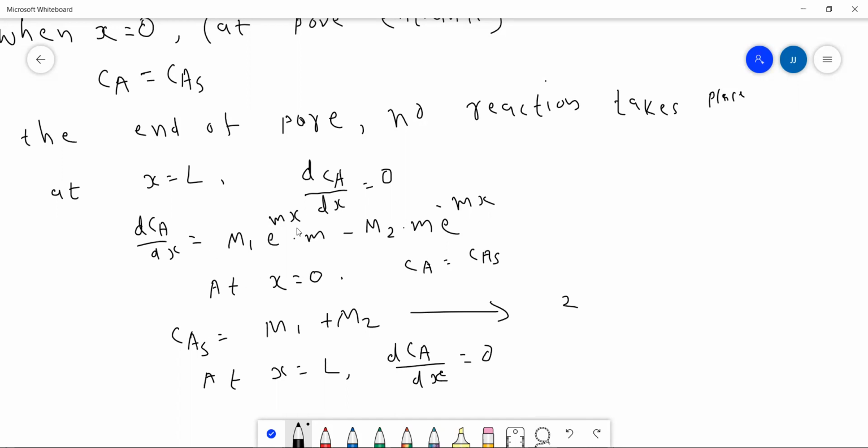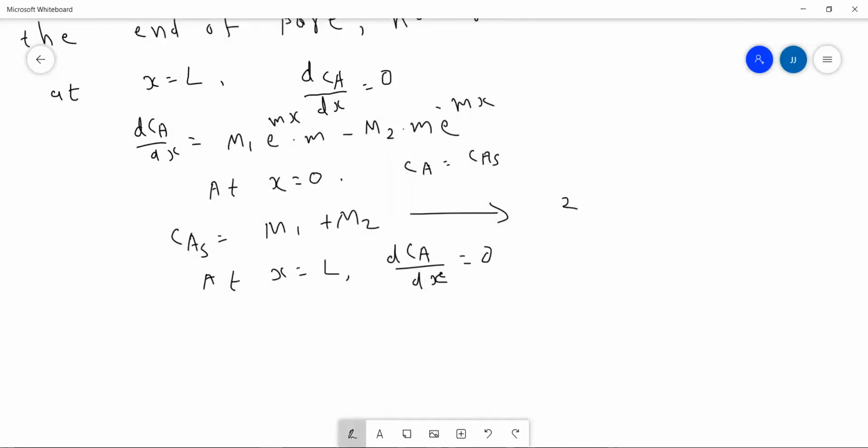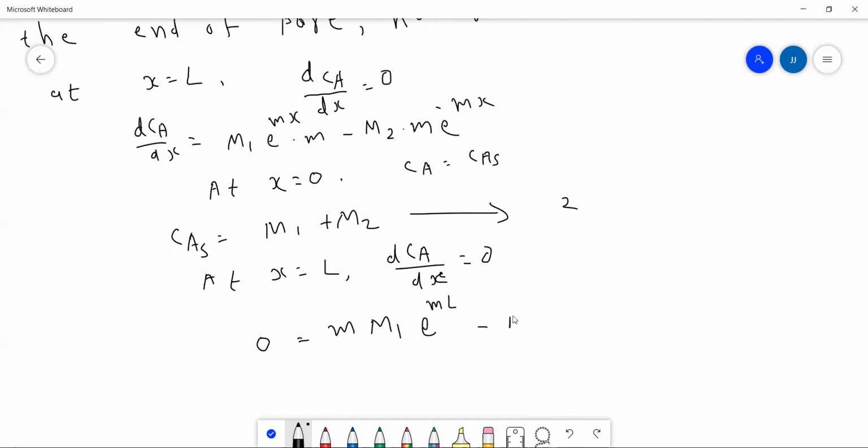Instead of x here, you substitute L. So we may write 0 is equal to m into m1 e raised to mL minus m2 into m e raised to minus mL.